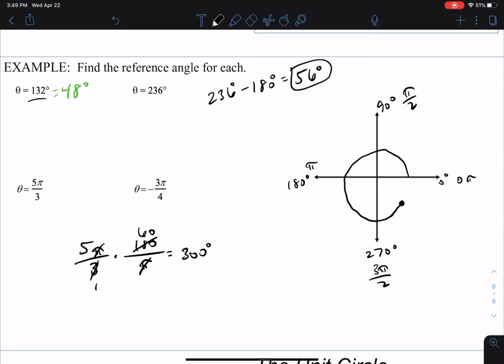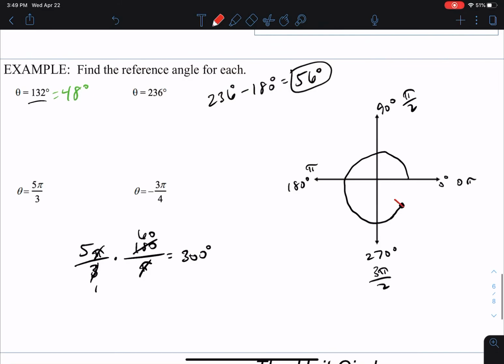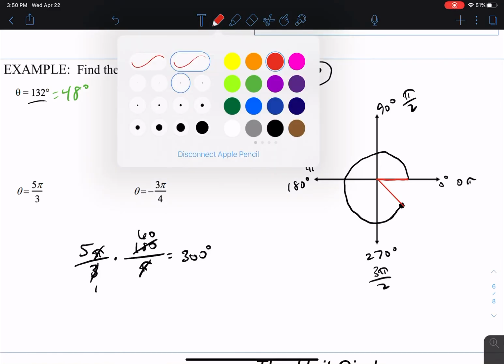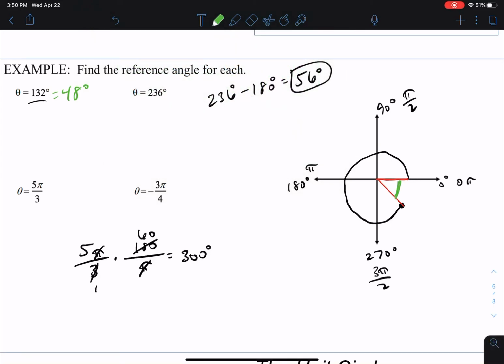The black represents the actual angle, so let me draw the angle. The black is the actual angle, that's the opening of the actual angle. The green here is the reference angle opening.